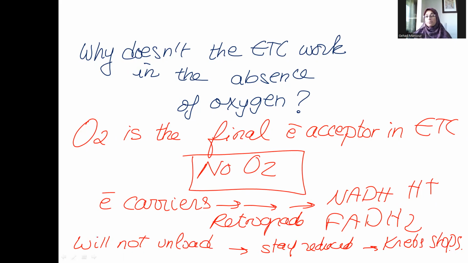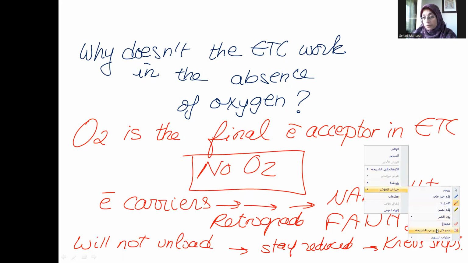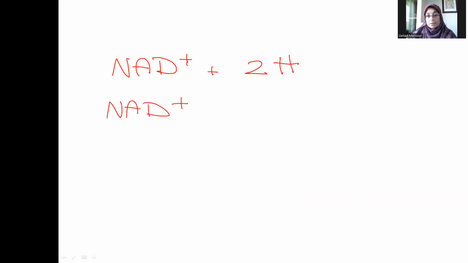And by the way, I'd like to highlight something I said at the end of part 1 of cellular respiration, which is how many electrons and how many protons are carried by NAD. As I told you, the chemical formula of NAD is NAD+, and this is because it has a missing electron. So when it gains 2 electrons from the carbon skeleton of glucose, actually we can write it like this.